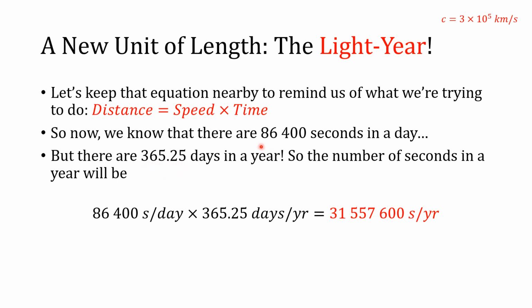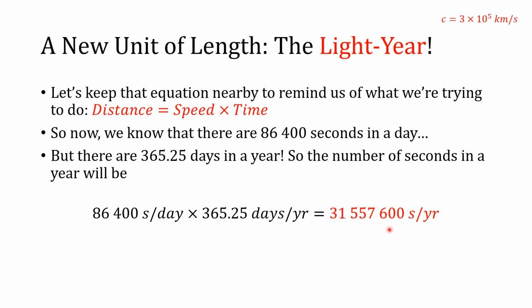So there are 86,400 seconds each day, and there are this many days in the year, 365 and a quarter. So the number of seconds in a year, well, that's just going to be how many seconds we have each day times the number of days we have each year, and that gives us the number of seconds in a year. And so that's just taking this 86,400 and multiplying it by 365.25, and this is the number that we get at the end of it, 31,557,600 seconds in 1 year.